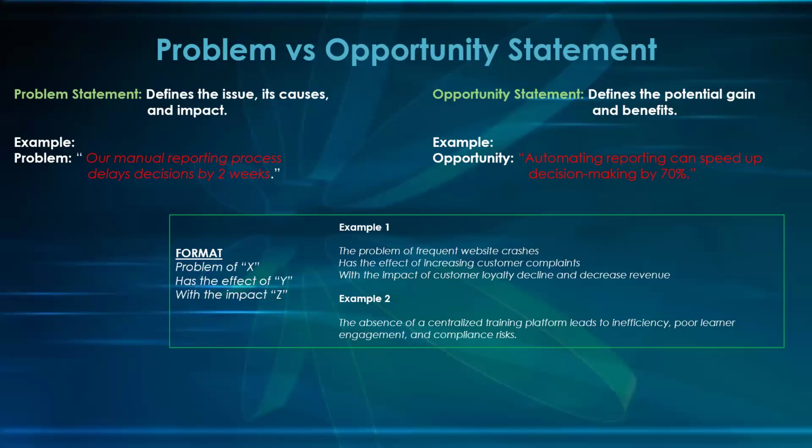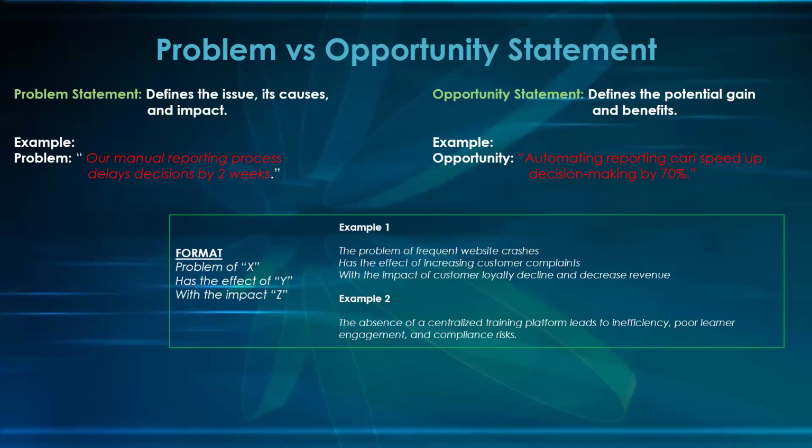Now, how do we write these statements? I gave us an example here. To write a problem statement, you want to define what the issue is. Remember, you've given context. Now you want to define it. Remember when you are writing your user story, you say what you want to do.